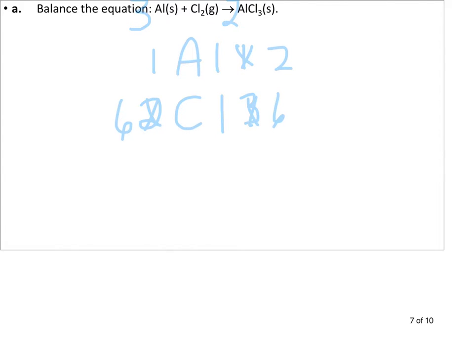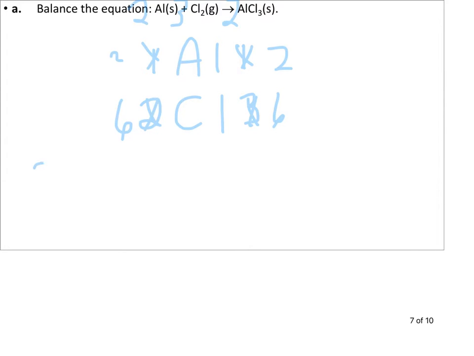Go fix that. Three is not supposed to be there. 3 is supposed to be here. And then that changes our aluminum, and the aluminum needs a 2 to balance it out.